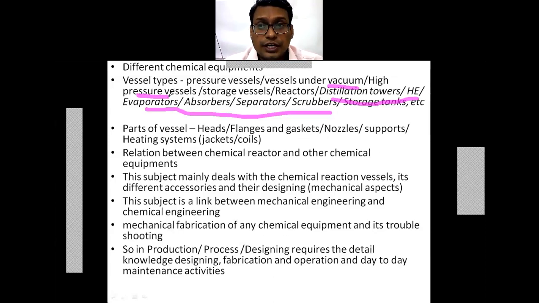So the outer part of the heat exchanger is nothing but a pressure vessel. Similarly, in a distillation tower, we can see different plates or packings, but all this is assembled inside of one vessel.